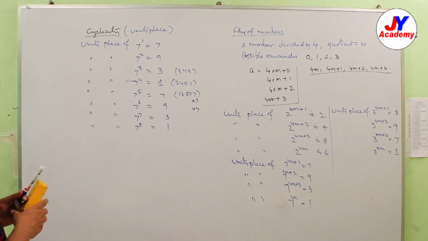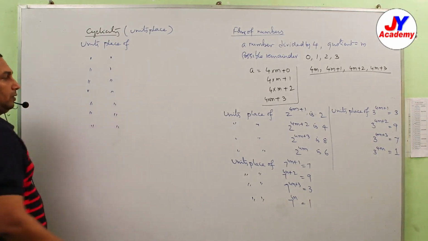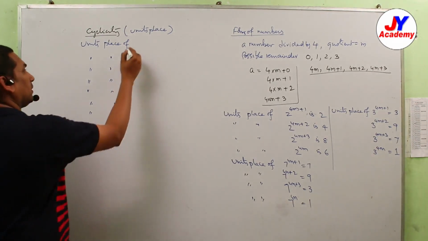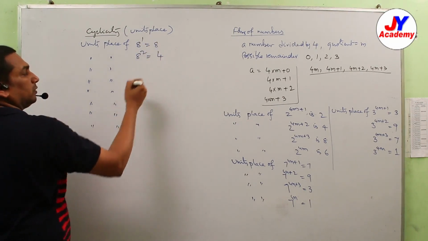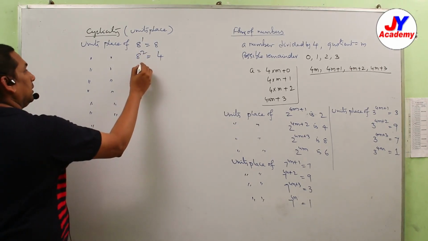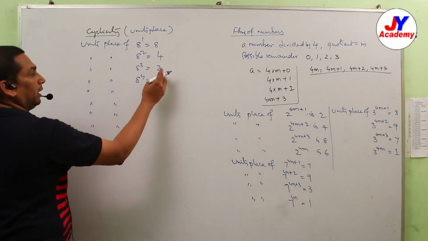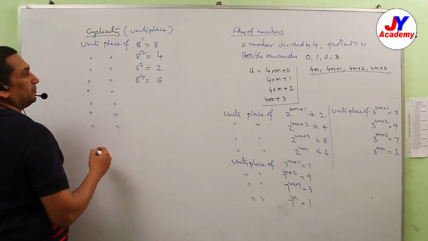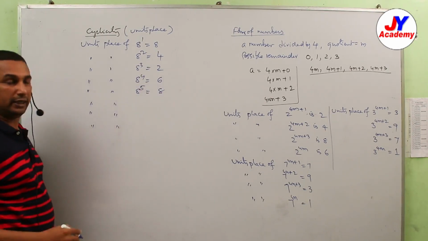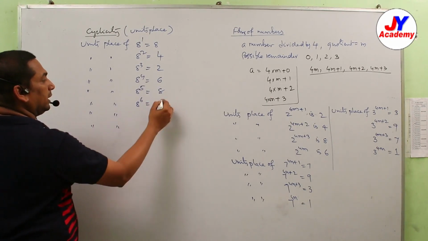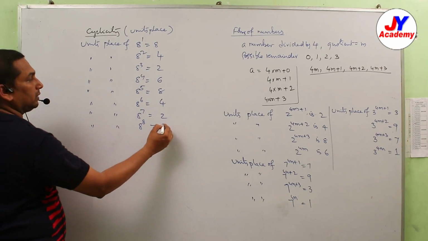So now we have to observe 8. 8 power 1 is 8, 8 power 2, 8 into 8 is 64, so ends with 4. 8 into 4 is 32, ends with 2. 8 into 2 is 16, ends with 6. 6 into 8 is 48, so ends with 8. Into 8 ends with 4, into 8 ends with 2, into 8 ends with 6.